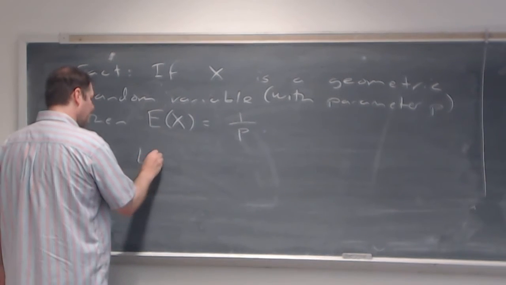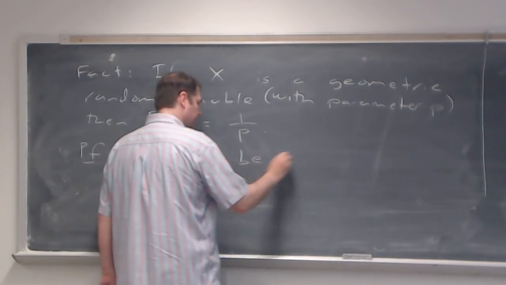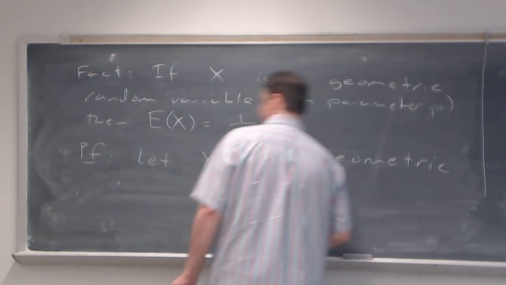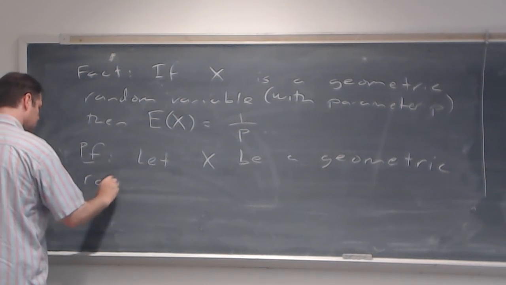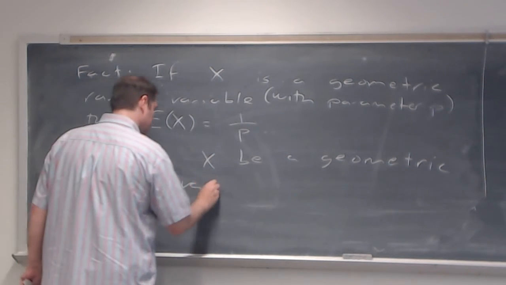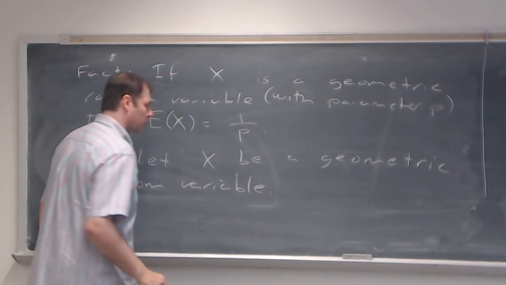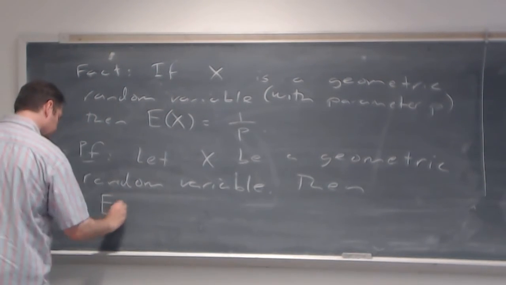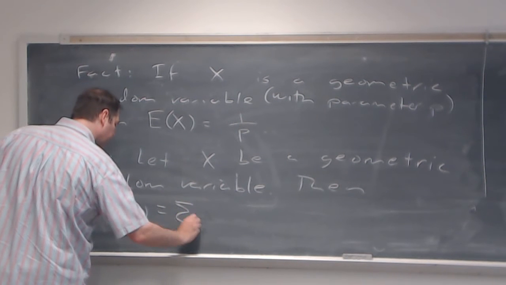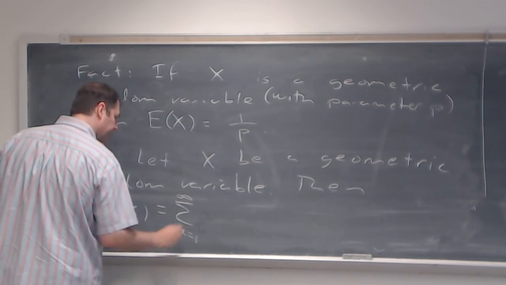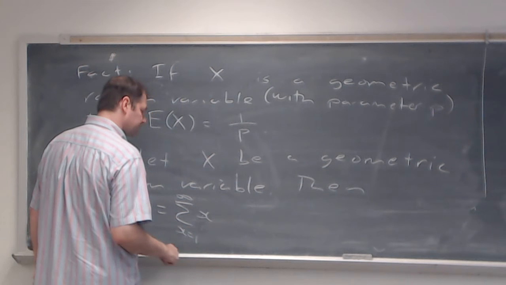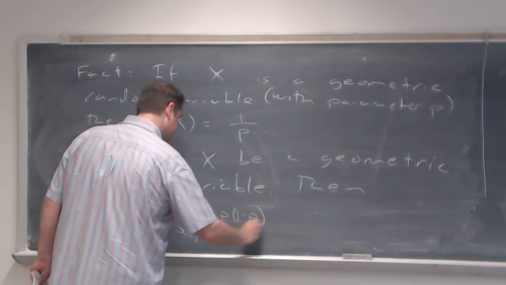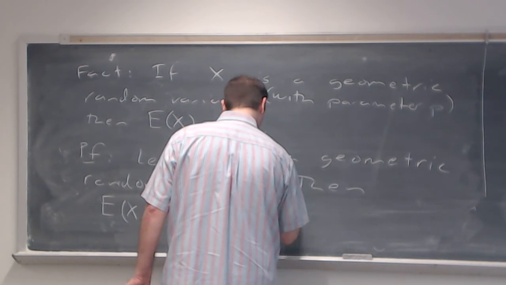Okay. So we're going to let x be a geometric random variable. Then, the expected value of x, well, it's going to be the sum over the x value, that's 1 to infinity, of x times the PMF, which is p times 1 minus p to the x minus 1.